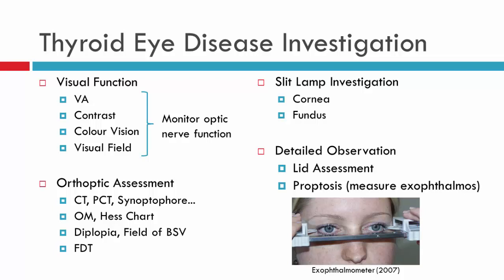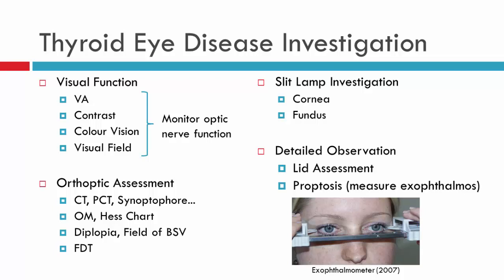So that means always measuring VA, which you always will do, but contrast, colour vision and visual fields are also required. And these are things we don't necessarily or routinely do in strabismus patients, but in this cohort of patients who are presenting perhaps with diplopia, they also need these further investigations to ensure that the optic nerve has not been compressed.